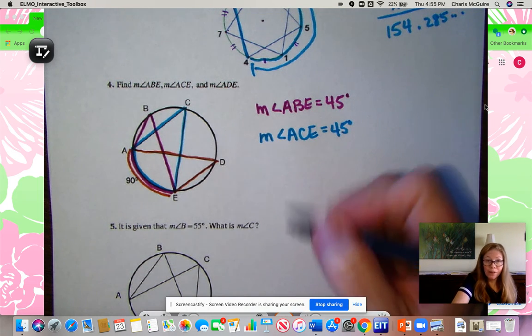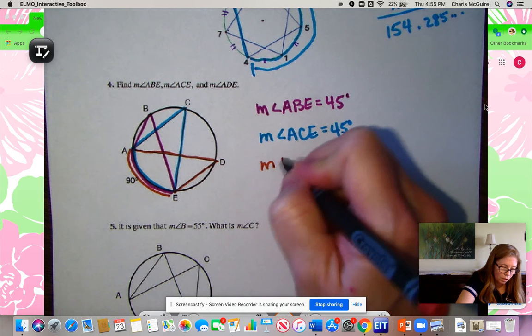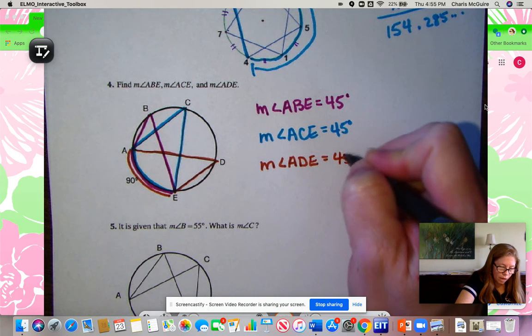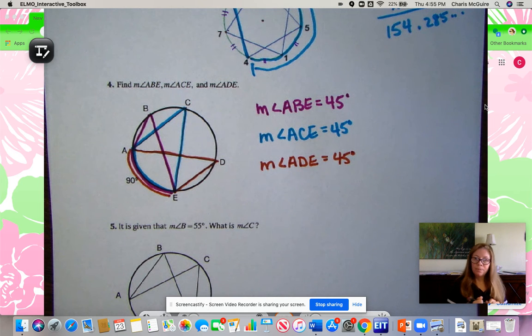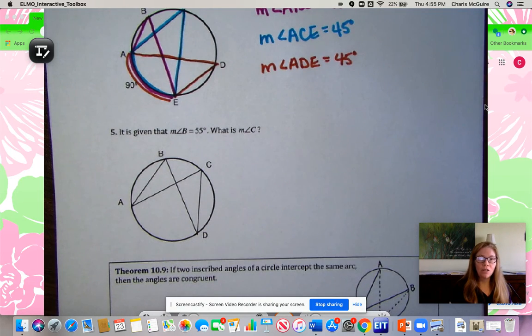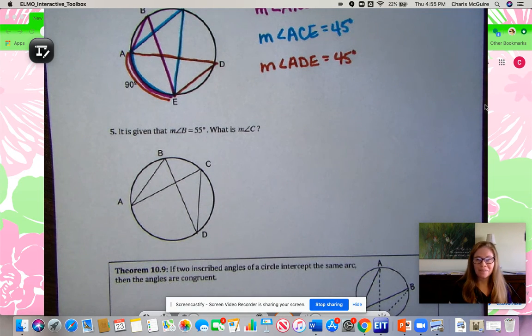Intercepting the same arc again. So the measure of angle ADE is equal to 45 degrees. Maybe you're noticing a little relationship here. It might help you out with number 5. Go ahead and find the measure of angle C in number 5.